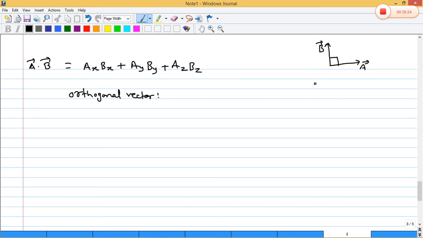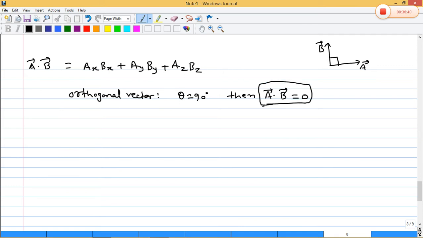So it's orthogonal. The orthogonal condition is simply that theta will be 90 degrees. Then when theta is 90 degrees, what will its dot product be? 0. So this is the condition of orthogonality.